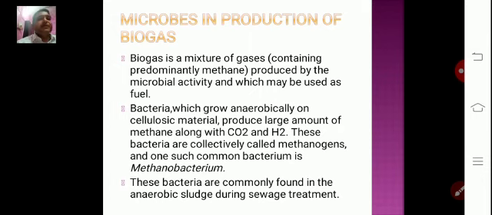These bacteria are present in ruminants, that is cattle, playing a very important role in the digestion of cellulose. Therefore, the excreta of these ruminants, commonly called gobar, is rich in these bacteria, so it can be used in the production of biogas, commonly called gobar gas.